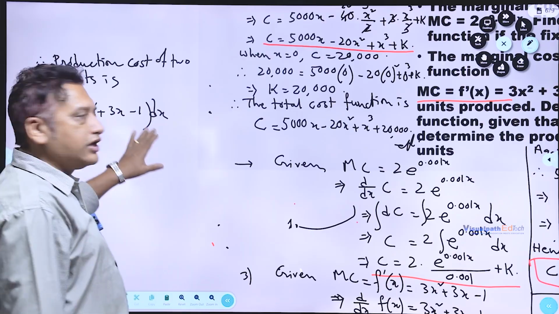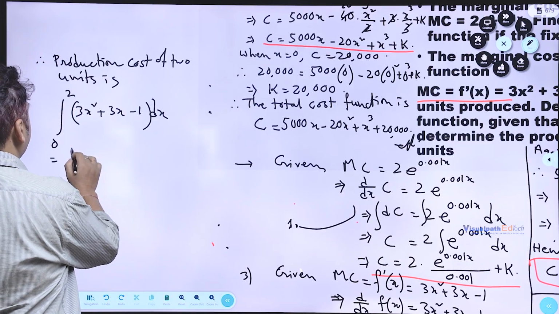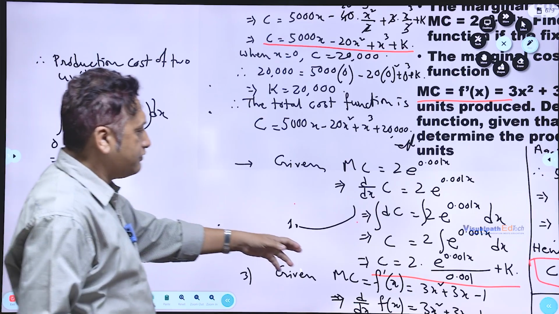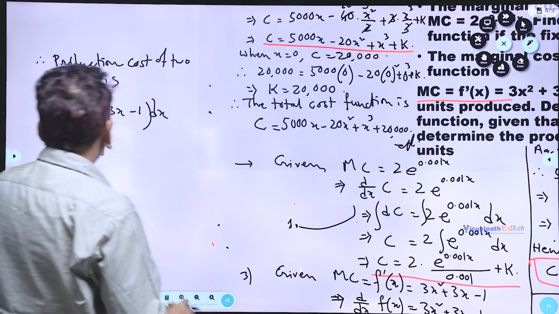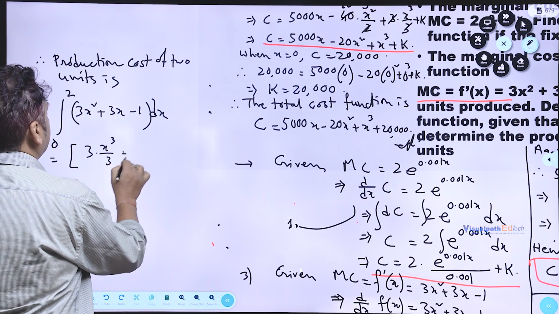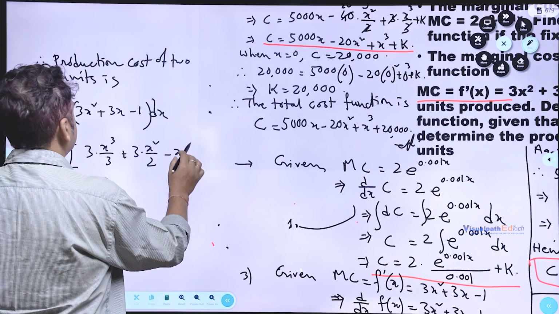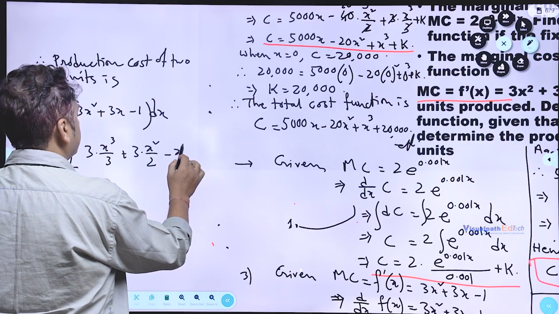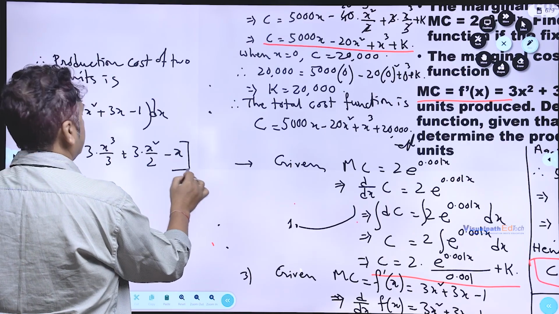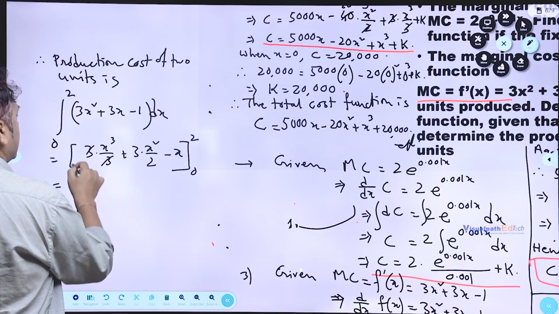So we are going to integrate using limits. So this is equivalent to, as you have already seen, we have integrated this. 3x squared will give you 3 into x cube by 3 plus 3 into x squared by 2 minus x. Okay. And we are going to have 0 and 2. So this 3 gets cancelled.